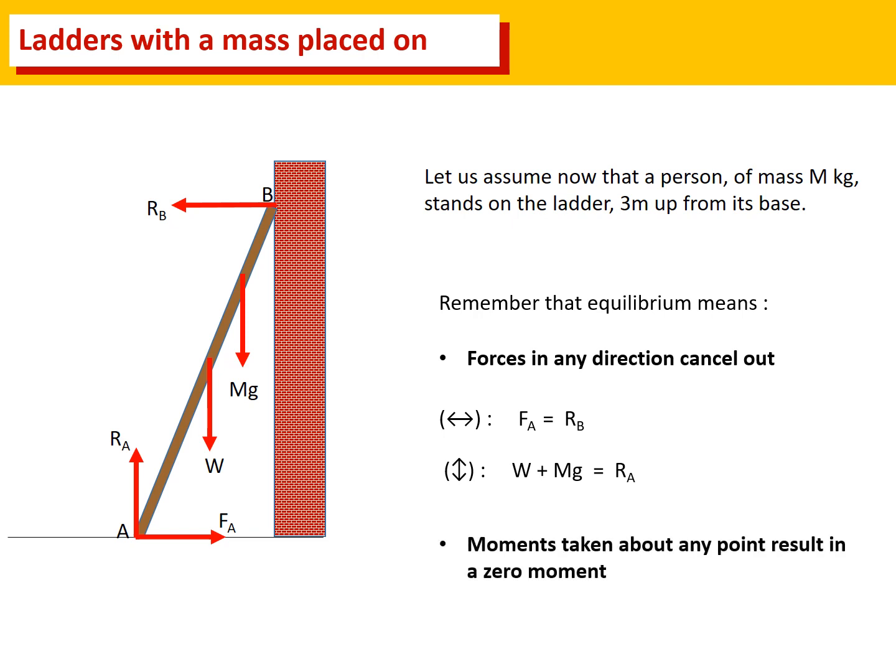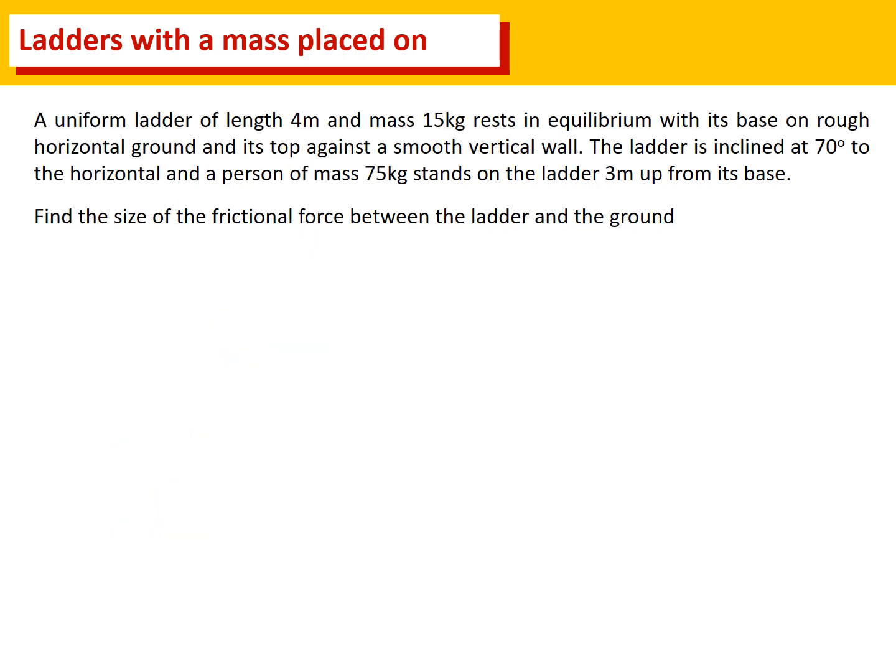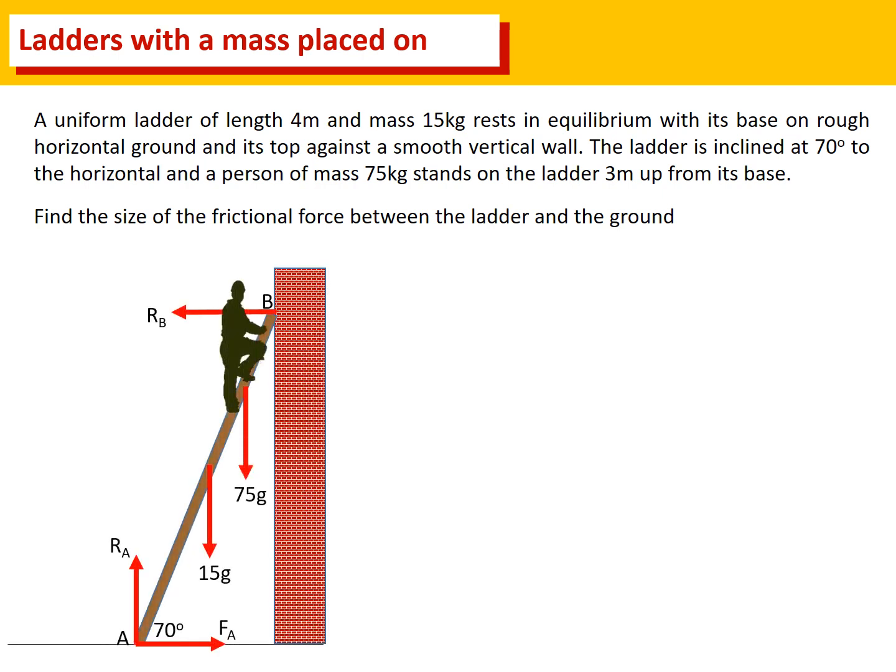And if we take moments about any point, it results in a zero moment. So there is a person up the ladder. When we resolve horizontally and vertically, those are the equations that we obtain. Just pause the video for a moment just to make sure that makes total sense to you.